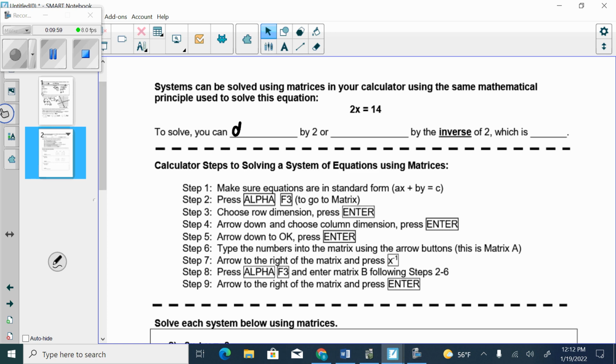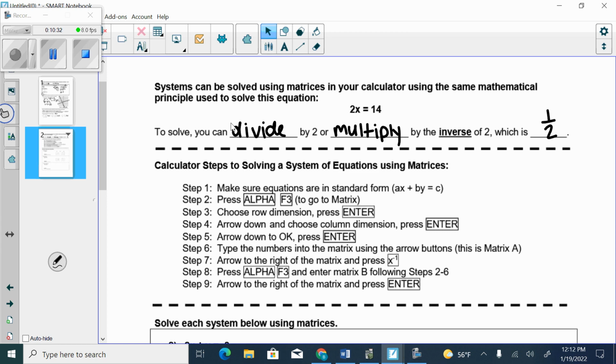You can either divide by 2, or what's the same thing as dividing by 2? What would get me the same answer as dividing by 2? Or you can multiply by the inverse of 2, which, like he said, is 0.5 or 1/2.